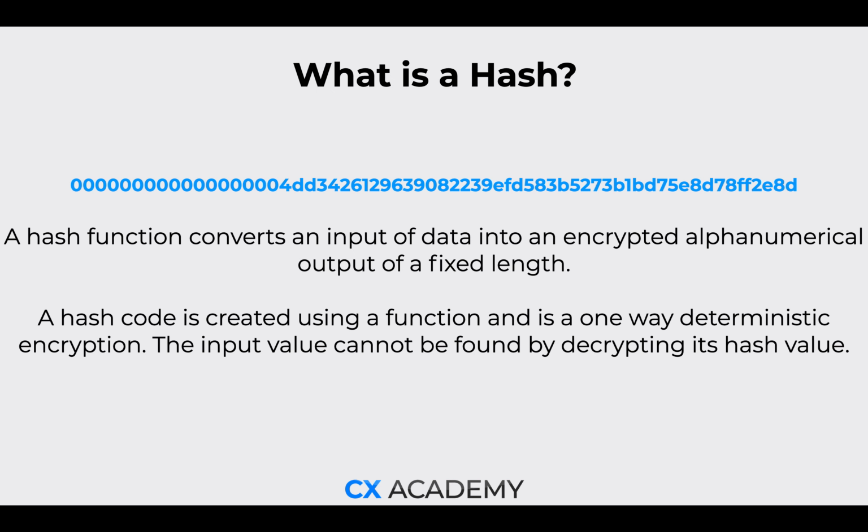So then, what is a hash? As you can see on the screen, in the blue, we have an example of a hash value. What's really important to visualize and understand are these zeros at the front of the hash. These zeros are the difficulty level. As the zeros increase, the hash gets harder to solve.